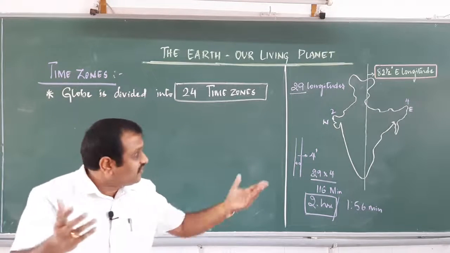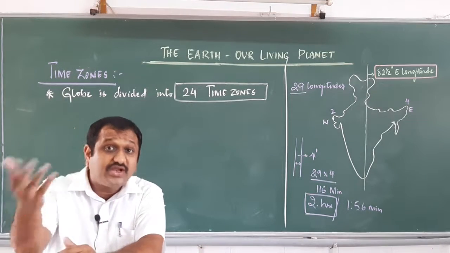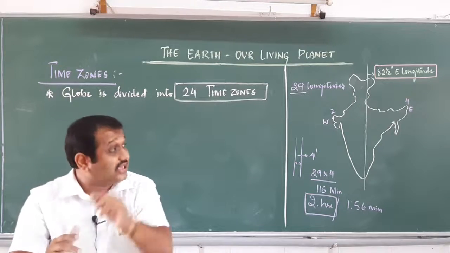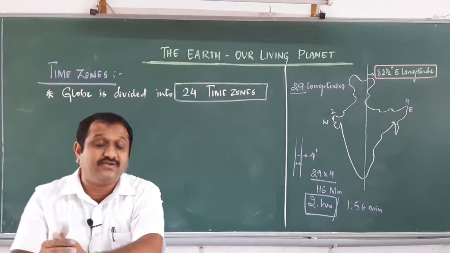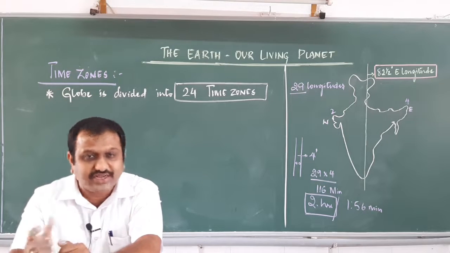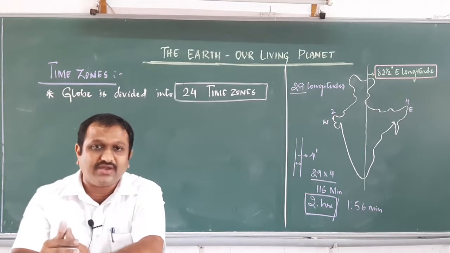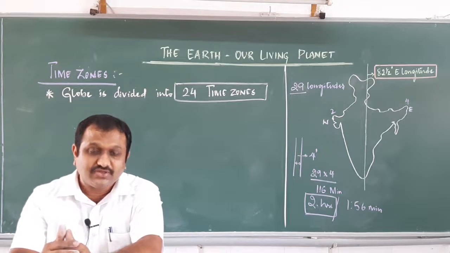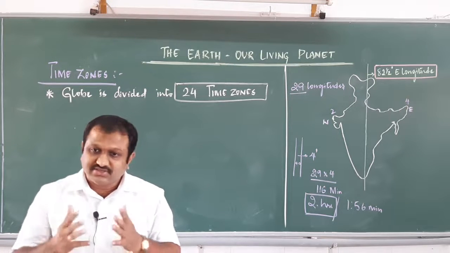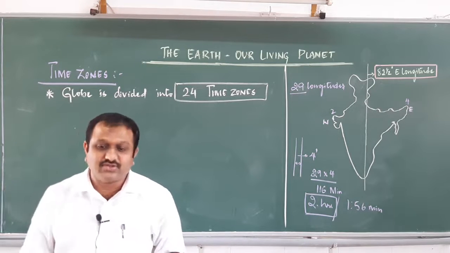Say the time gap from India's west end to the east end is 2 hours. If it is more than 2 hours of gap, then we would have to follow one more time zone, one to the eastern side or one to the western part. So countries like Russia, United States of America, China all have more than one time zone.